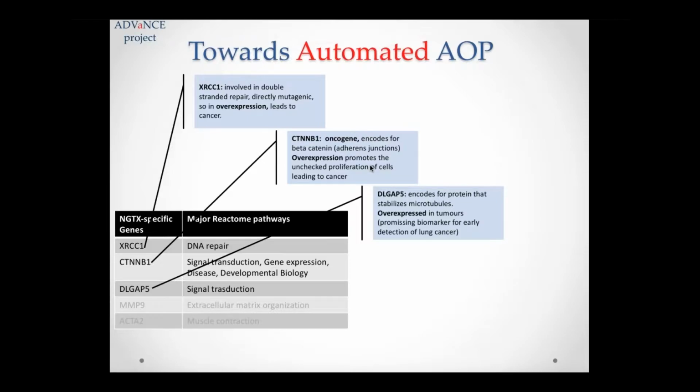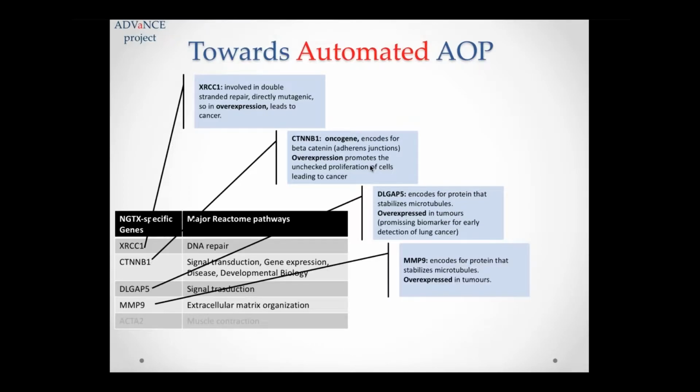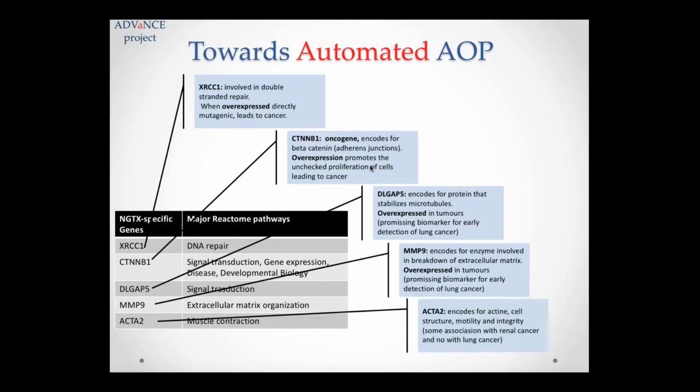The third one actually is also quite promising, and when it's overexpressed in tumors, they are currently trying to promote it as a biomarker for early detection of lung cancer. There's quite a nice study on that. And the fourth one is also overexpressed in tumor. Only for ACTA2, there was nothing so substantial as information.